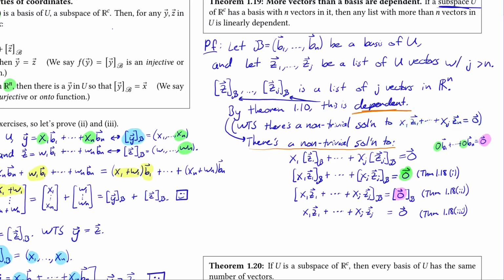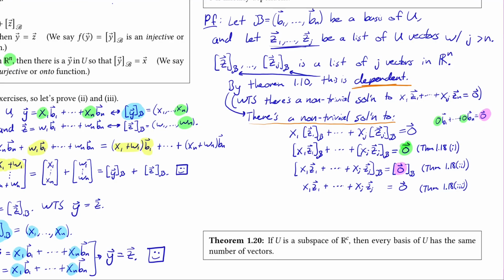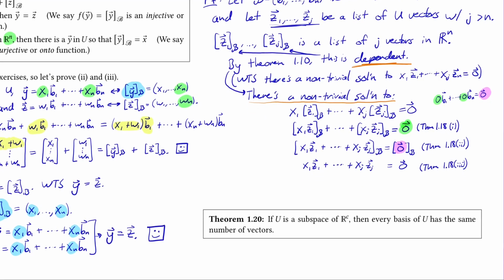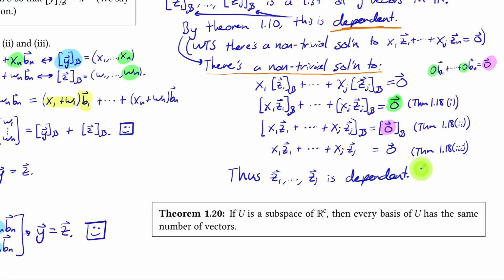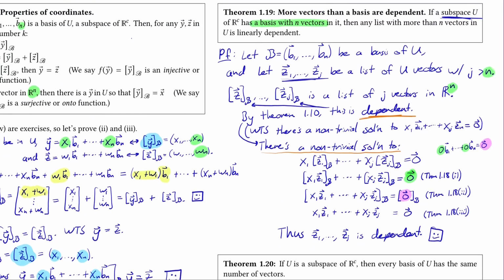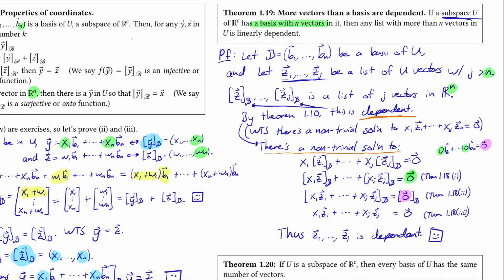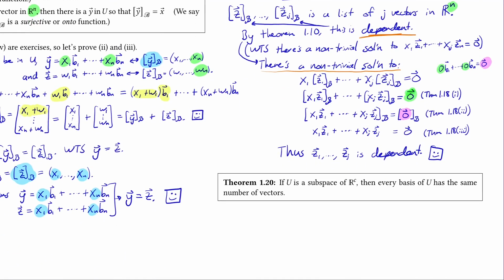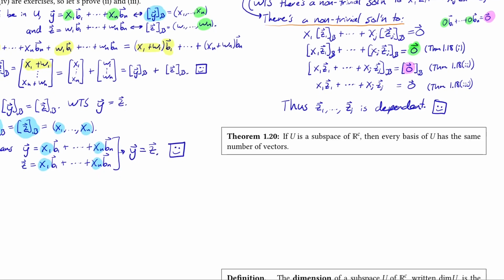That means that this list of vectors z1 through zj with more vectors than a basis must be linearly dependent. So yeah, that's a cool theorem, I think. We're mostly just going to use that theorem to prove theorem 1.20. That if you have a subspace of R^m, then every basis of that subspace has the same number of vectors. Let's prove it.